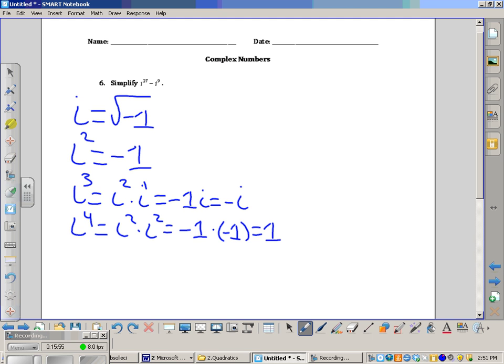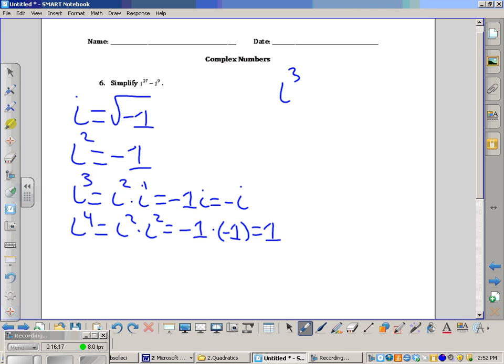So i to the 27th, well, 27 is 1 tick away from 28, and you know 28 is divisible by 4. So this is really i to the third, and i to the ninth, well, i to the ninth is 1 after i to the eighth.